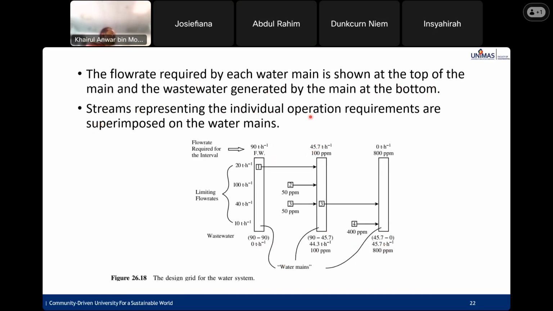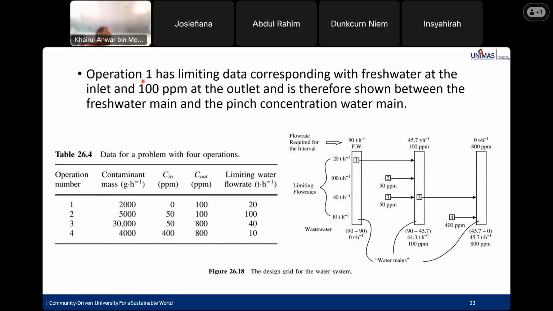Streams representing the individual operation requirements are superimposed on the water mains. This one, stream 1, 2, 3, 4. Operation 1 is limiting data corresponding with fresh water at the inlet and 100 ppm at the outlet. It is therefore shown between the freshwater main and the pinch concentration water main.